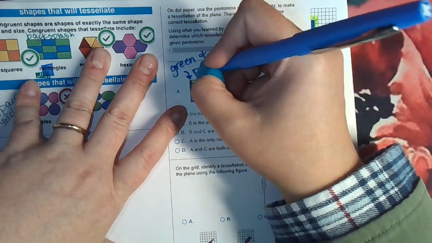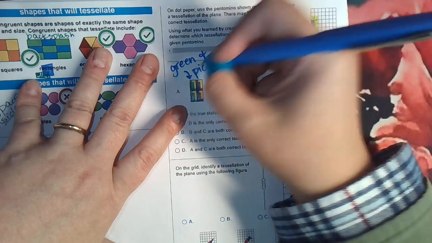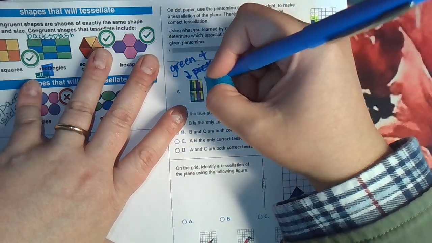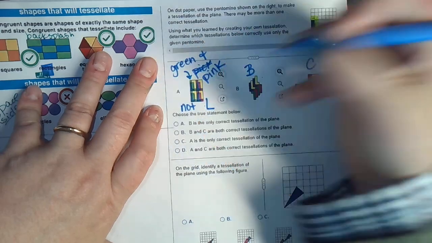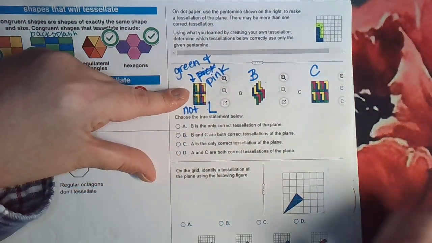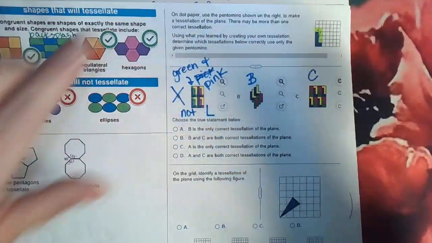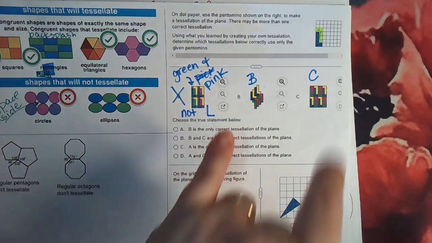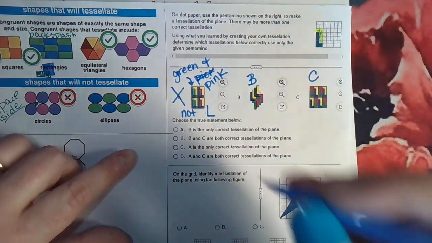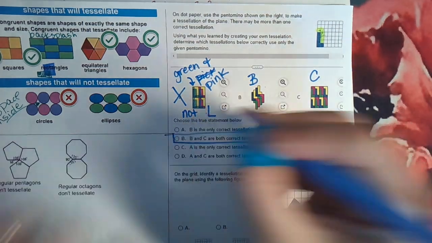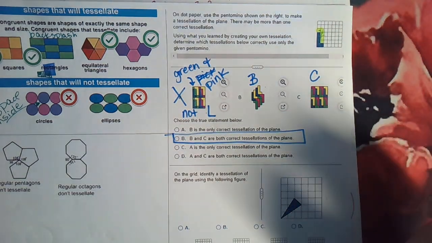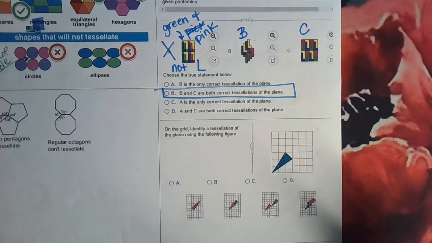The green and the pink are not the letter L. They're overlapping on each other, so A's out. So the question was, which one is a possible tessellation? Well, we could have B or C. As long as they fit together perfectly and don't overlap, we can do it.